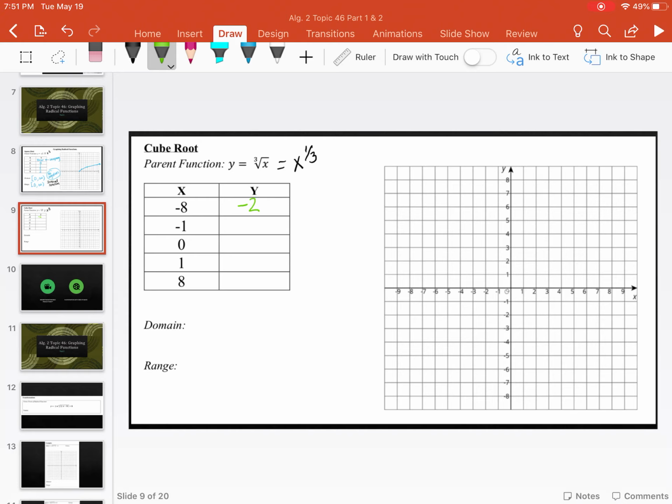The cube root of -1 is -1. The cube root of 0 is 0. Cube root of 1 is 1. And the cube root of 8 is 2. So here, note that we can take the cube root of a negative.